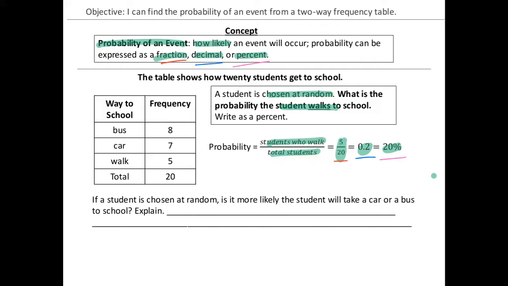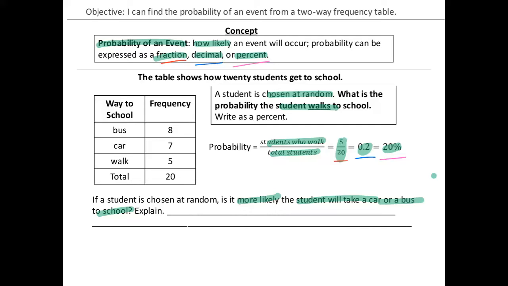Okay. So the question here says, if a student is chosen at random, is it more likely that the student will take a car or a bus to school? You're supposed to explain. Looking at the data, it's asking specifically for a car or a bus. Students taking a car, that's 7 out of 20, or taking the bus would be 8 out of 20. Which of them is more likely? The bus, right?